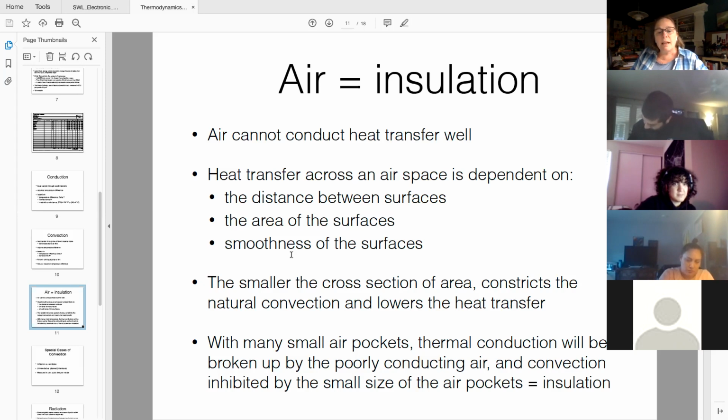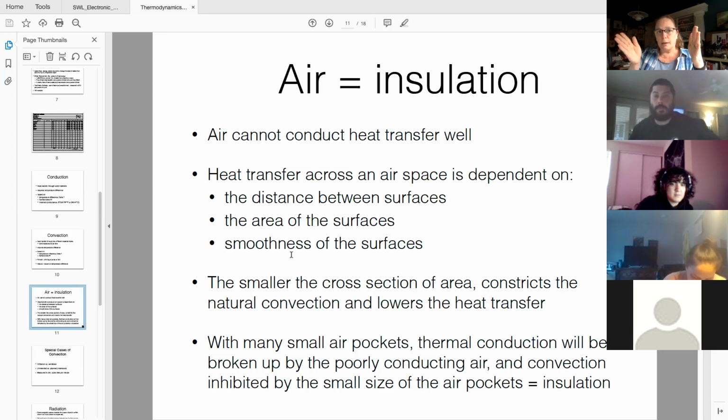Fiberglass batt insulation, it's very, very lightweight. It's fiberglass that's strung out into very small strands with a lot of air trapped in it. So the fiberglass is very low in quantity, and there's a lot of air in it.